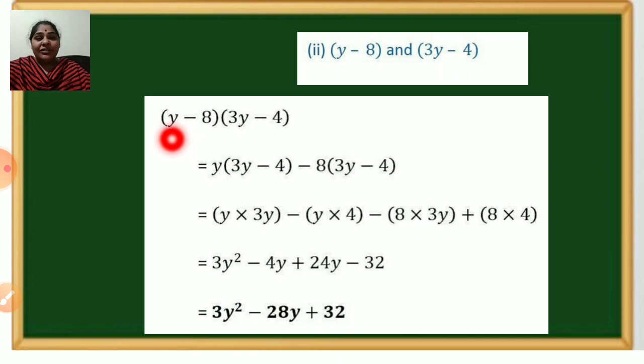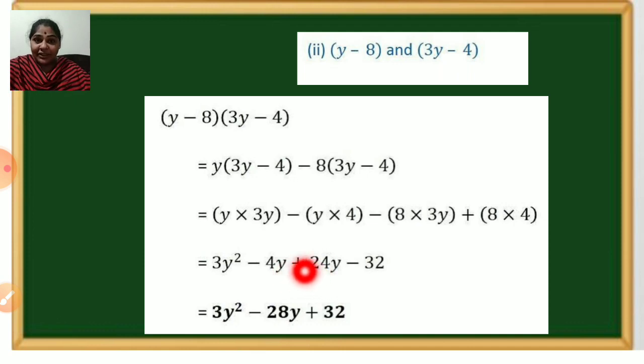So now y multiplied by 3y minus 4 minus 8 multiplied by 3y minus 4. Y into 3y will be 3y square. Y into negative 4 will be negative 4y. Negative 8 into 3y will be negative 24y, children, not plus.